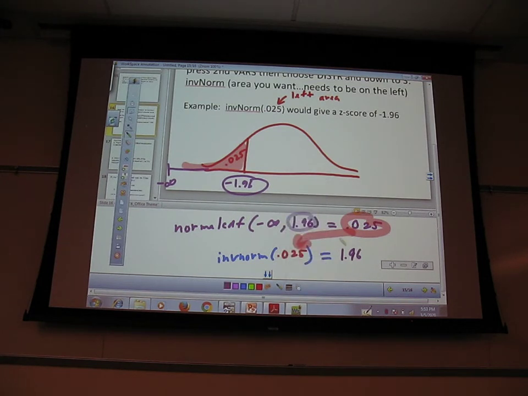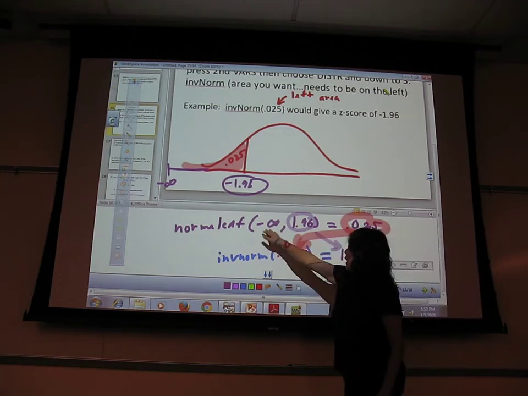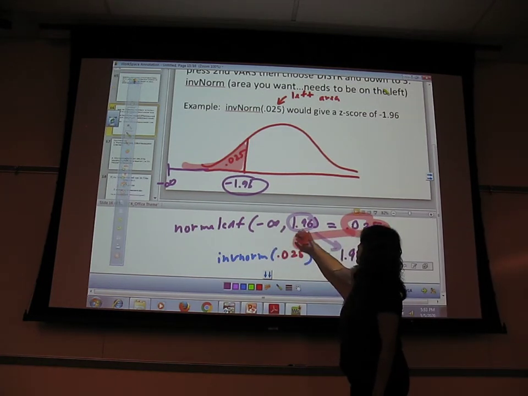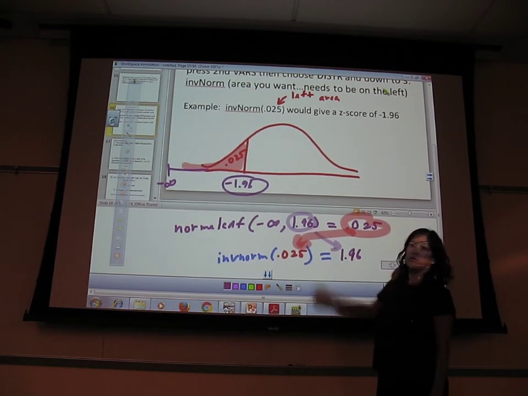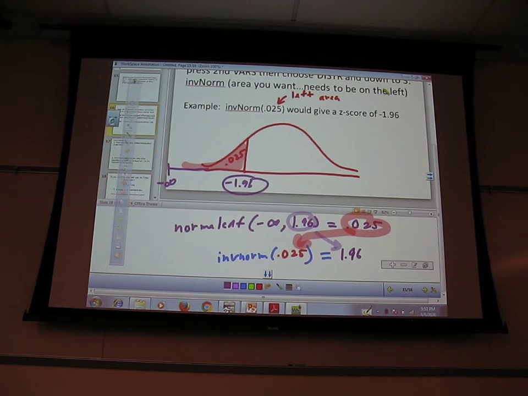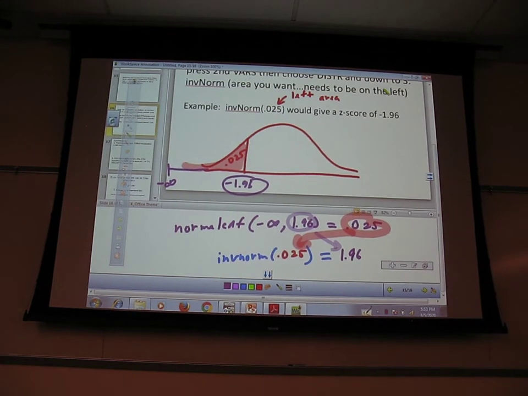Right, so this number has to be there. In other words, whatever this number is here, normal CDF from negative infinity to this number, the answer I get here, if I do inverse norm of that answer, I should get whatever I put in here. And that's what we did last class.